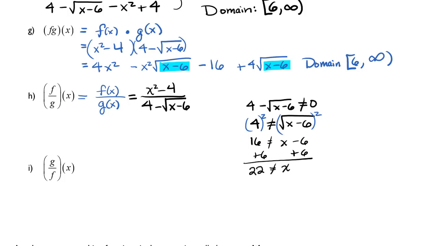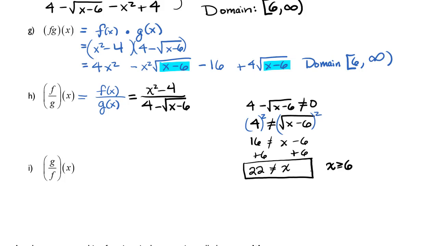We also have a restriction on the square root here, the x minus 6. We can't have any values that will be negative under the radical. That means any numbers less than 6 will cause issues as well. So we know that x cannot equal 22, but we also know that x must be greater than or equal to 6.